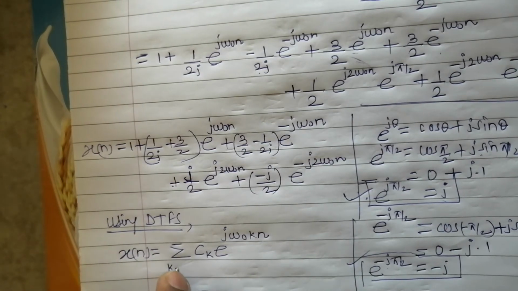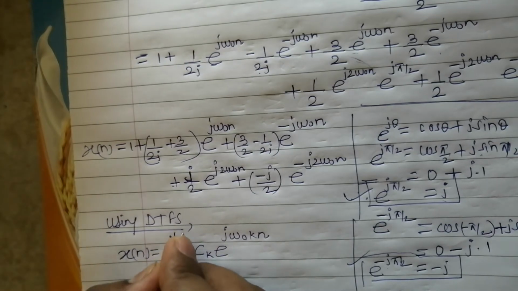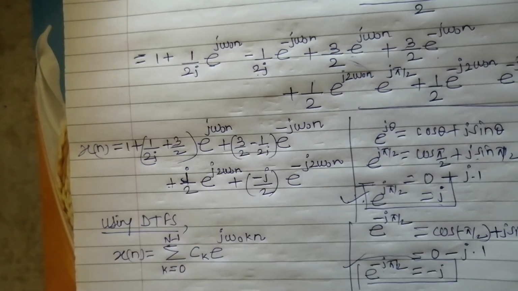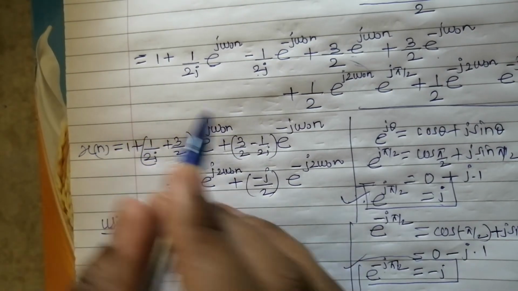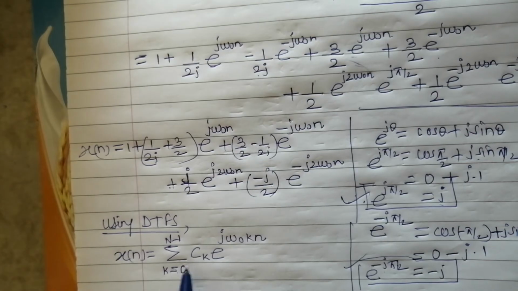And k is from some value 0 to, for example, 0 to N minus 1. This is the standard one. Now as per the obtained expression, we will apply the required limits of k here.